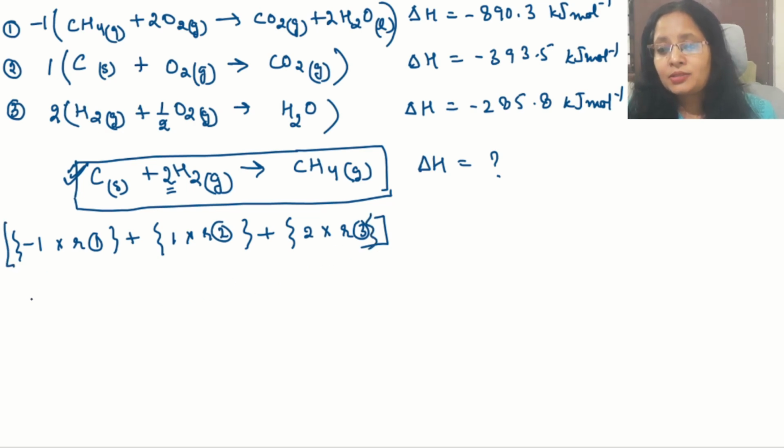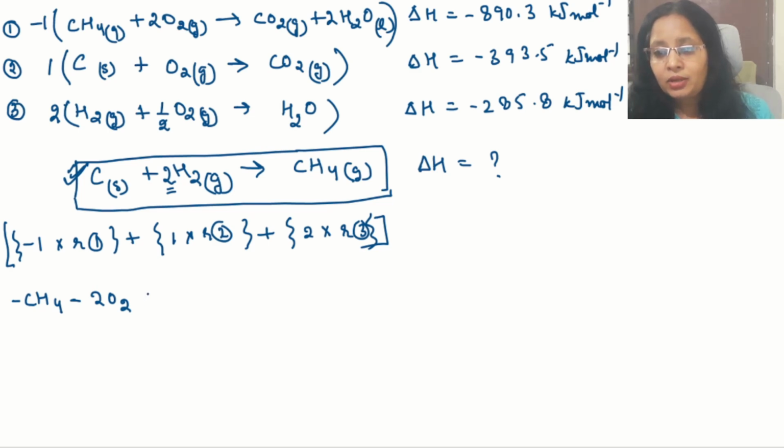So minus 1. Now we will write reaction number 1 with the same change, minus 1. So it will be minus CH4 minus 2O2. Fine. Now first we will write the left hand side, then we will write the right hand side. Next is reaction number 2 multiplied by 1 only, plus 1.